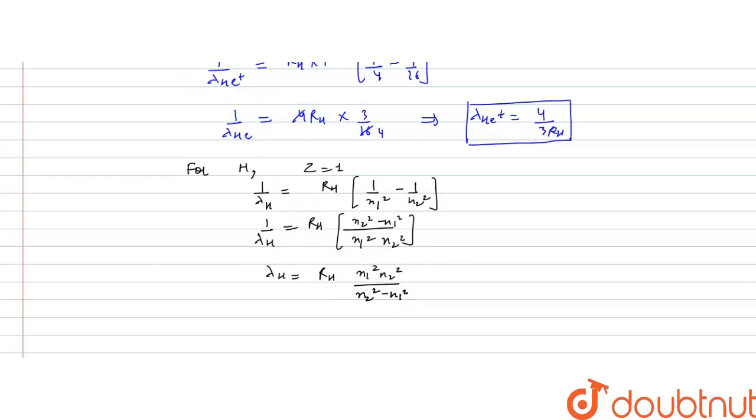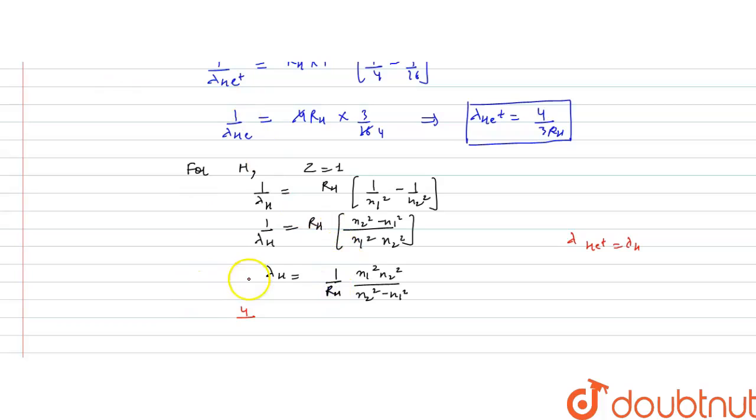Now in the question it was given that the wavelength of He+ will be equal to lambda H. Now we have calculated the wavelength of the He+ transition, so that will be 4 by 3 RH in the denominator as 1 upon RH.